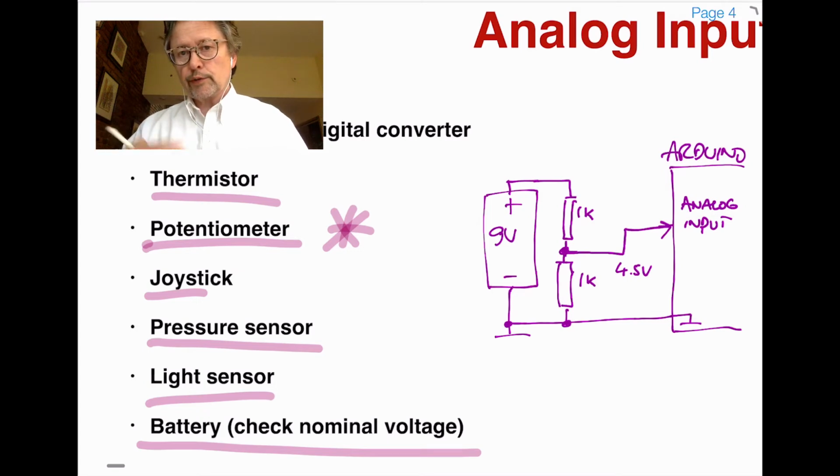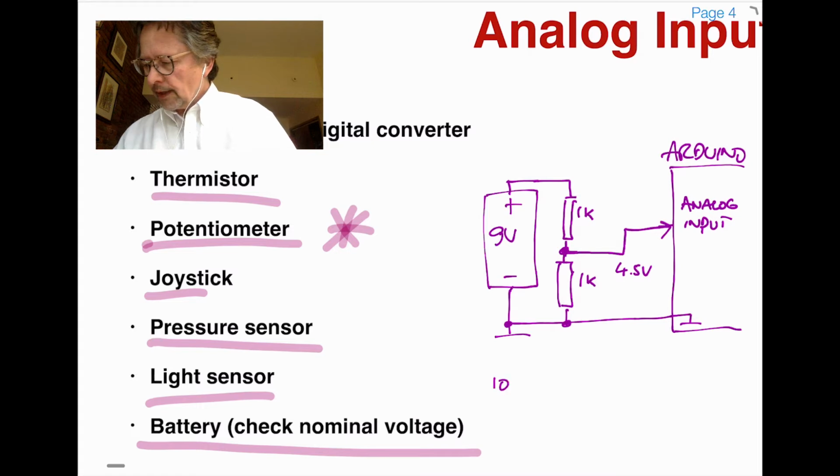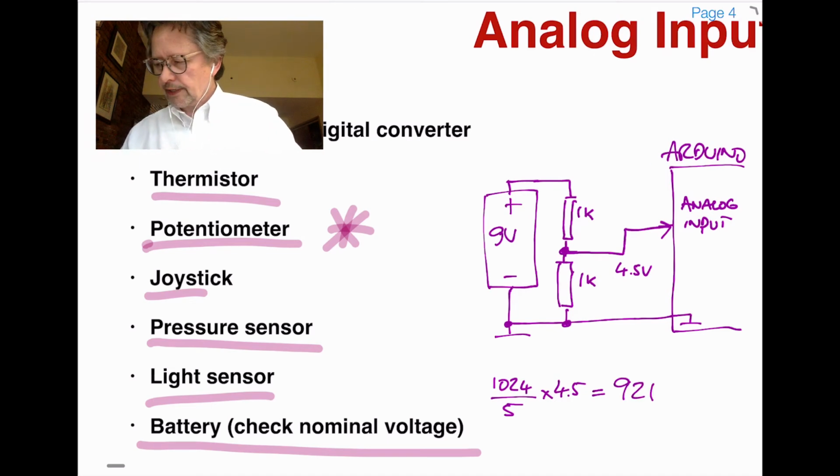So I should be able to do some testing with a brand new battery and see what kind of number my Arduino is going to measure on the input pin. So 1024 corresponds to 5 volts. If I have 4.5 volts, that's the number that I should get. It's 921 roughly.